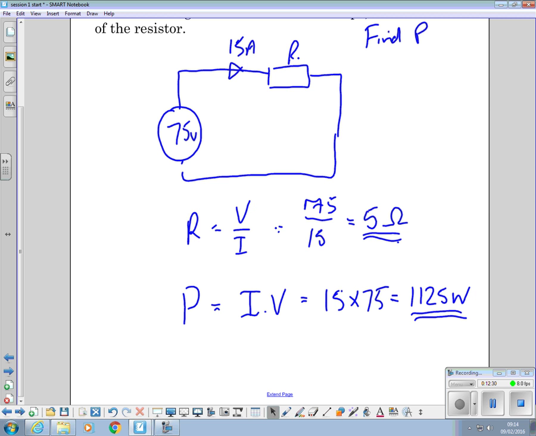Always use given values if you can for most accuracy. In this case we get it exactly right because that is exactly 5 ohms. But if we'd rounded that figure and then used it, we'd get compounding errors. I'm sure Mark talked to you about that in semester 1. Everybody happy with that? We move on.